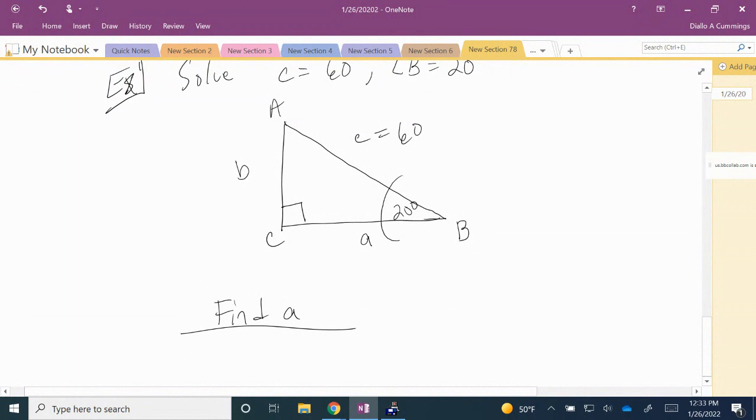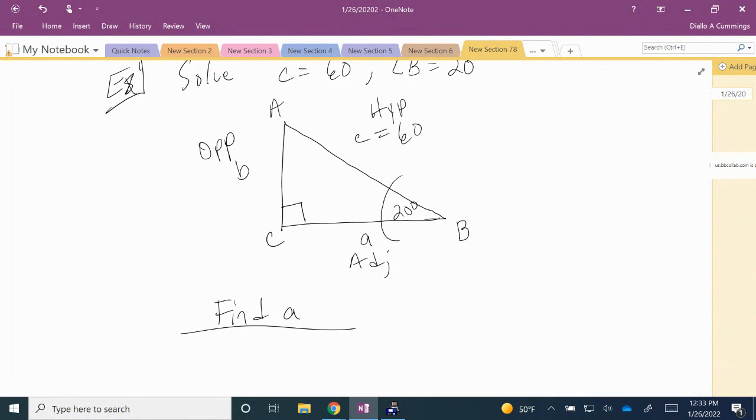Before we set up a trig function, we need to label our sides. First, I want to start with the hypotenuse. Side C is our hypotenuse. Next, I'm going to label my opposite. The opposite of angle B is side length B. And then lastly, our adjacent is side length A.